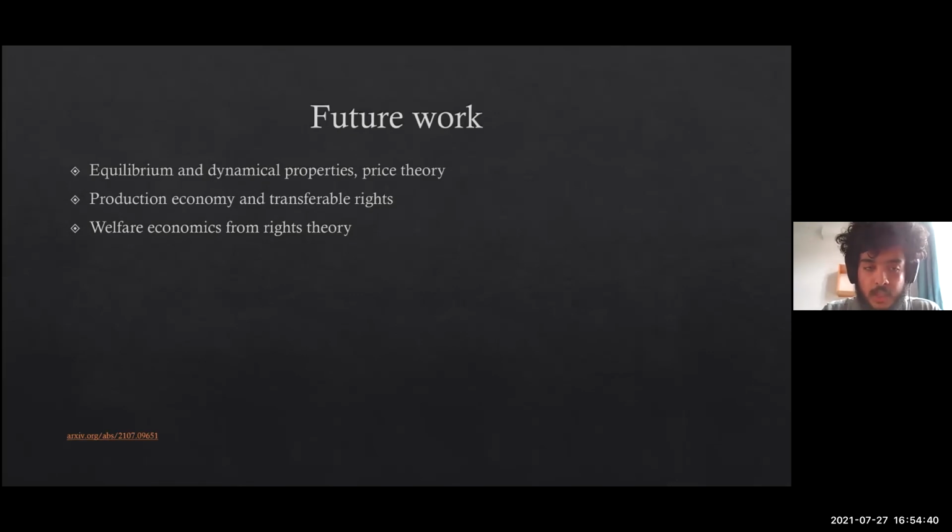production economies, because so far the only construction that I've made is for pure exchange economies without a notion of transformation of goods. And this is closely related to the concept of transferable rights, because number one, a transfer of rights entails a transformation of that right in the formulation that I've expressed it so far.